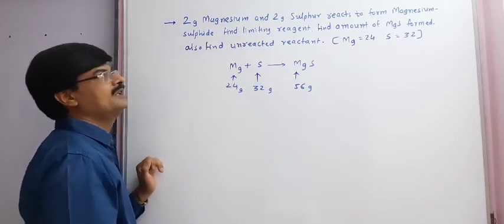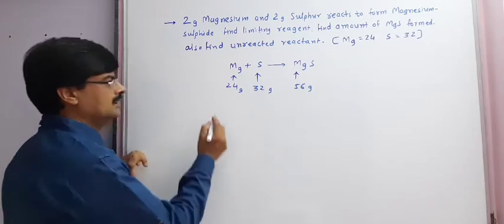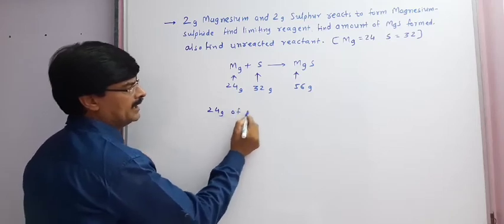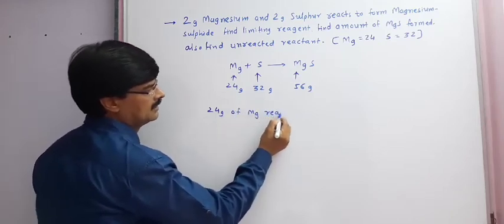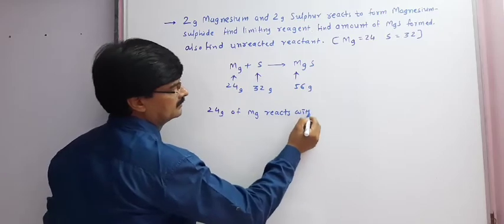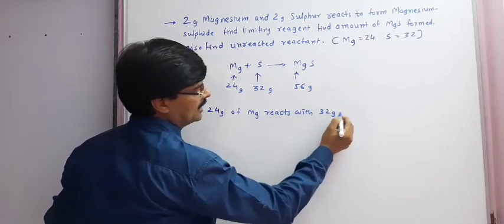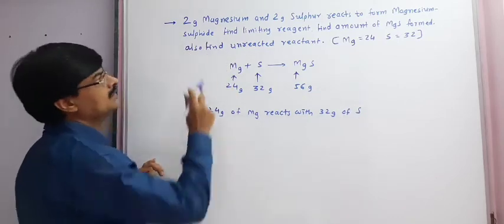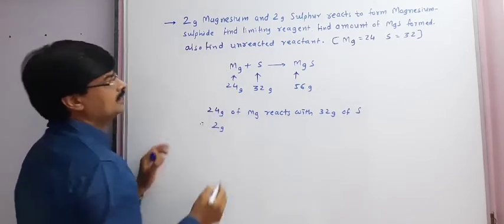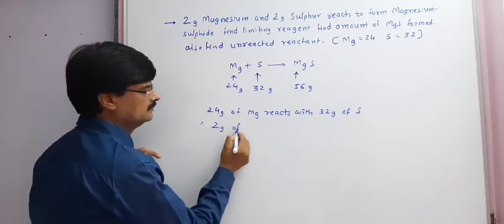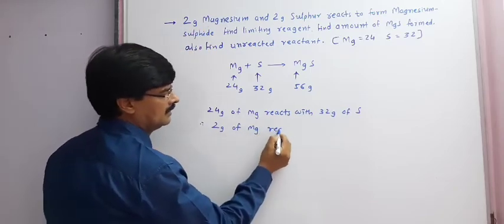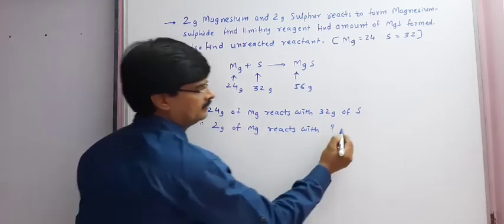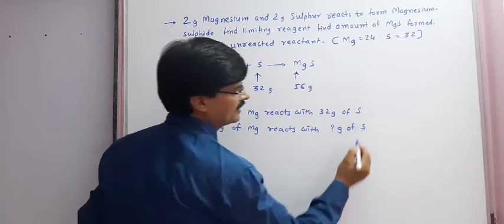So first of all we will find out limiting reagent. 24 gram of magnesium reacts with 32 gram of sulfur. Therefore, 2 gram of magnesium reacts with what gram of sulfur?